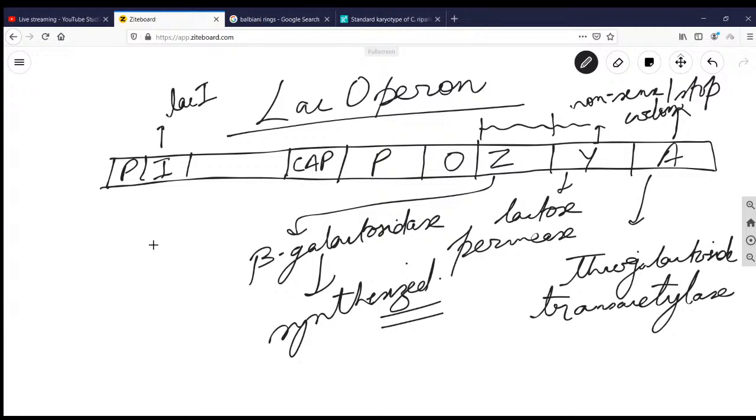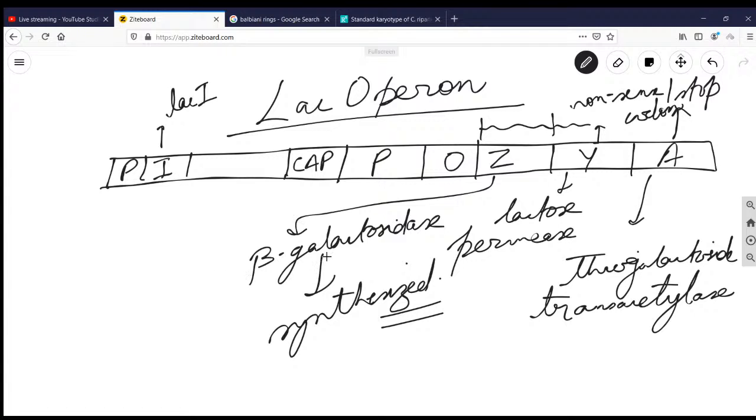Inducer of lac operon, repressor of lac operon, we can start solving questions like this. So let's start with the operator region and inducer region.